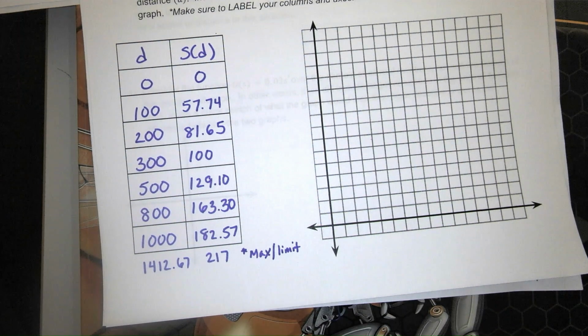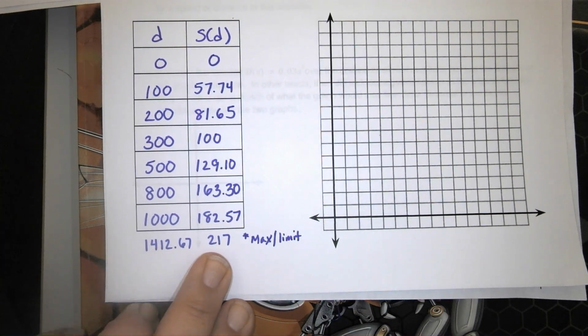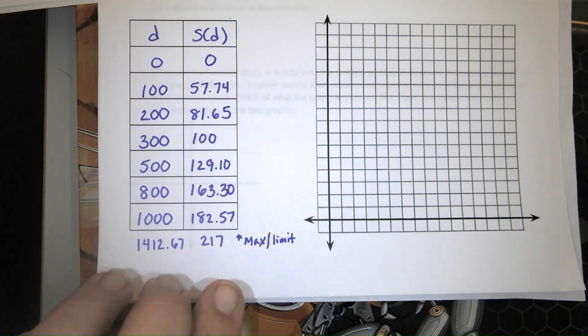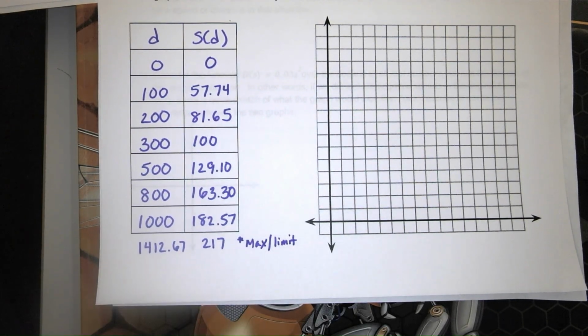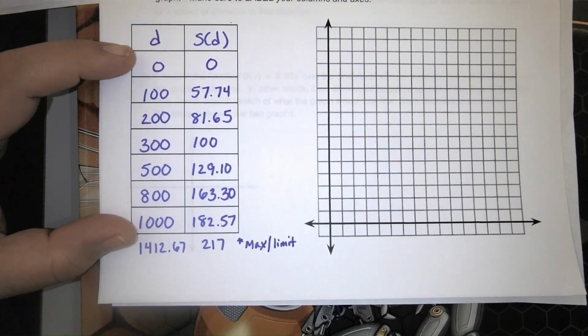Here are the outputs that we got. I also threw in the maximum speed that we knew was 217 with our maximum distance, which is 1,412.67, so that we could see where our graph is supposed to stop. So looking at the numbers for our distance, we need to go from 0 to 1,000.